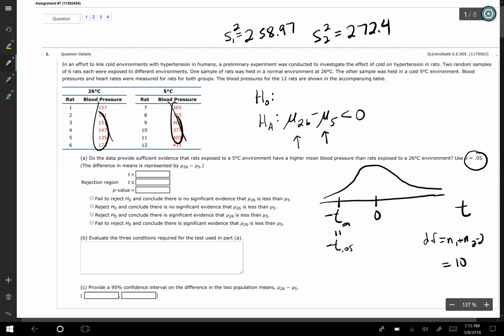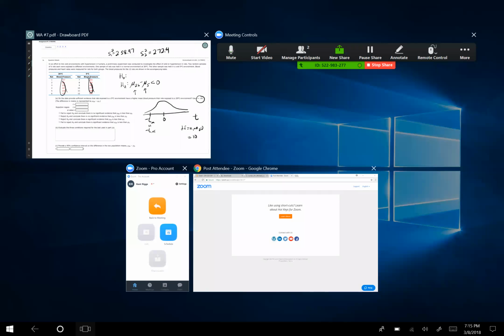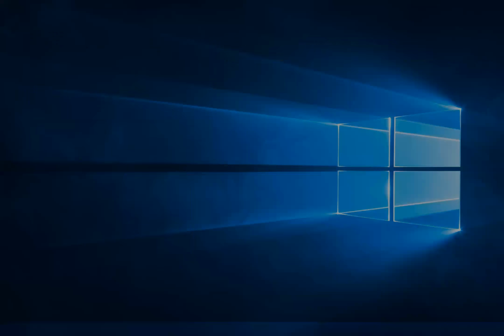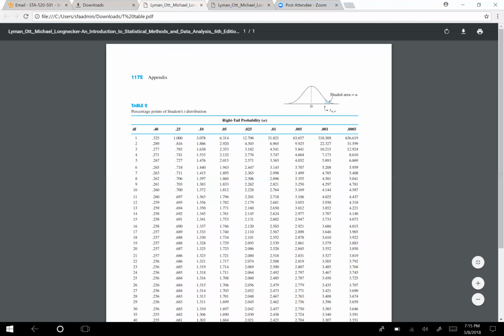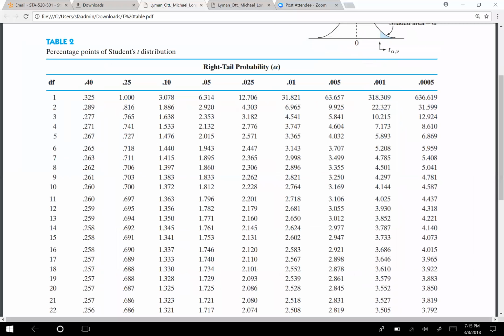So, let's see, I think I've got that chart somewhere here. Okay, degrees of freedom 10, 0.05, 1.812.